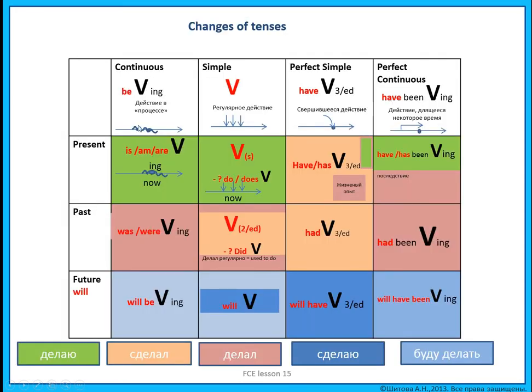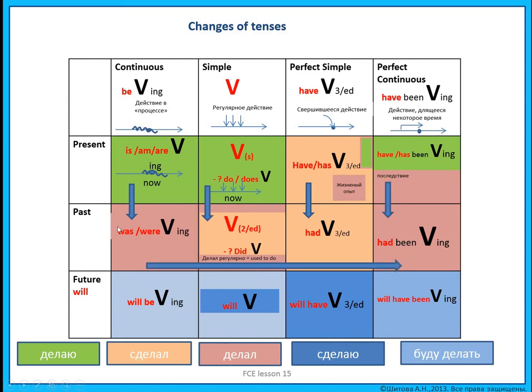So now, changes of tenses. It's very simple actually. You just have to remember that all present tenses are changed into past. So you change present continuous into past continuous, present simple into past simple, present perfect into past perfect, present perfect continuous into past perfect continuous.